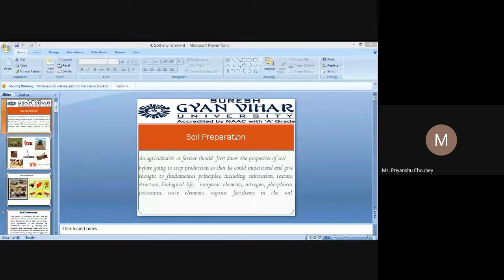For soil preparation, an agriculturist or a farmer should first know the properties of a soil before going to crop production, so that we could understand and use the fundamental principles including the cultivation, texture, structure, biological life, inorganic elements, nitrogen, phosphorus, potassium, trace elements, and organic fertilizer in the soil.